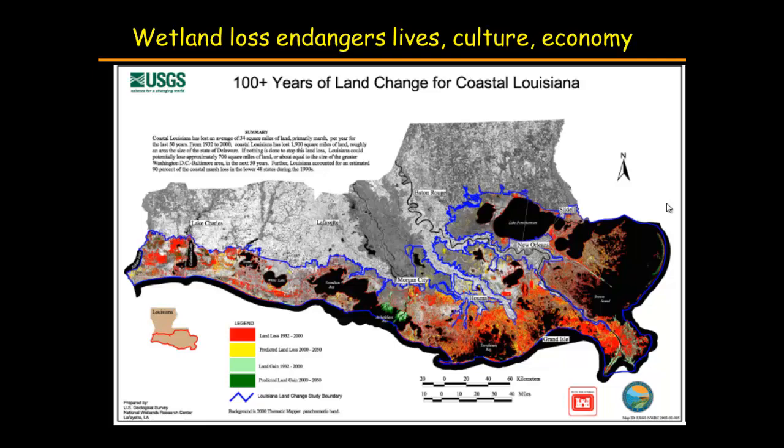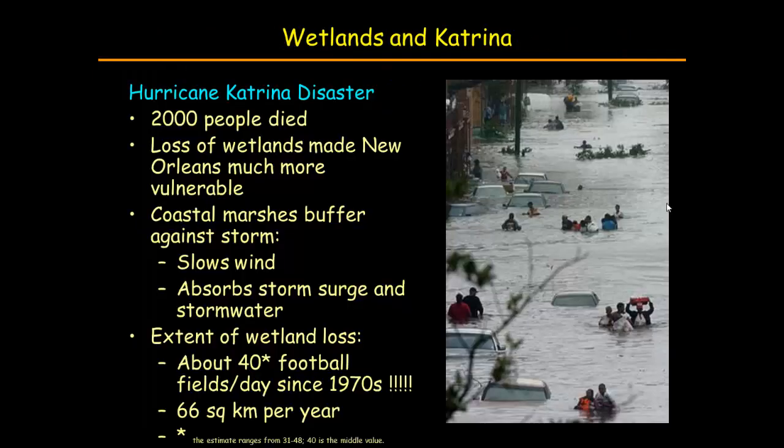about in another unit. Now, the Louisiana wetlands became part of a national conversation about wetlands, at least briefly, after Hurricane Katrina, because if you recall, in Hurricane Katrina, over 2,000 people died, and many of them died because they drowned and they were trapped in their homes and in other structures in New Orleans.